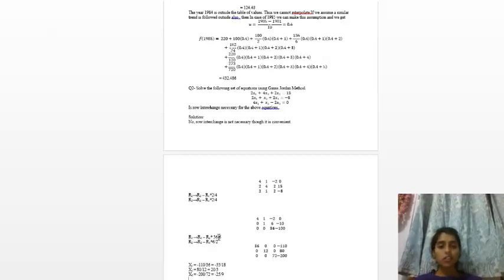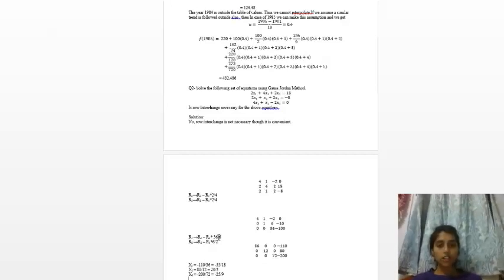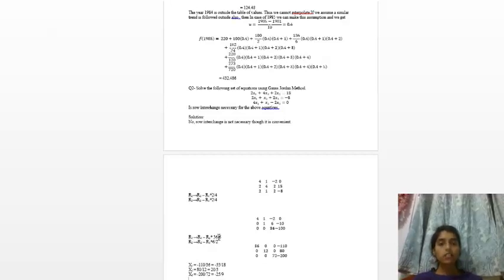So here the equations are 2x1 plus 4x2 plus 2x3 is equal to 15. It is equation 1. The next is 2x1 plus x2 plus 2x3 is equal to minus 5. It is equation 2. And the last is 4x1 plus x2 minus 2x3 is equal to 0. This is equation 3.